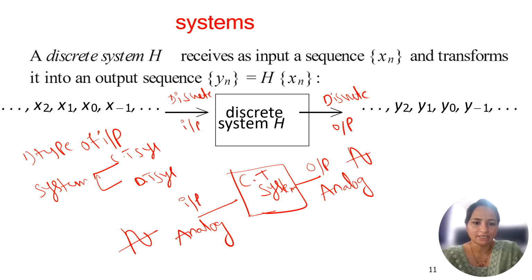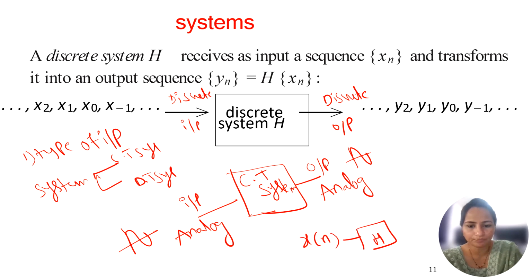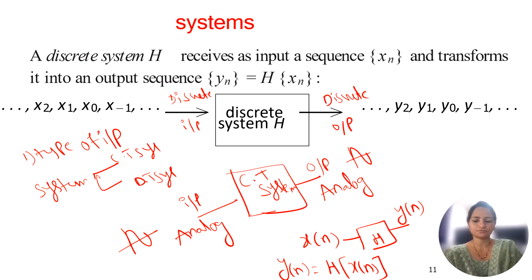It has an input and an output. In terms of the discrete time system, we can write that the system has x of n as the input, applied to the system, and y of n is the output. So this output y of n is the system function of x of n.